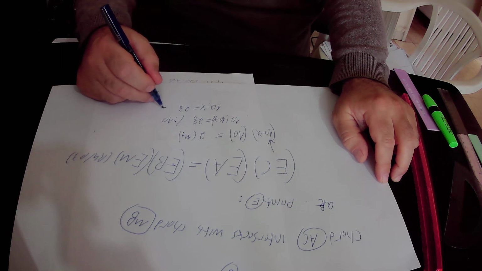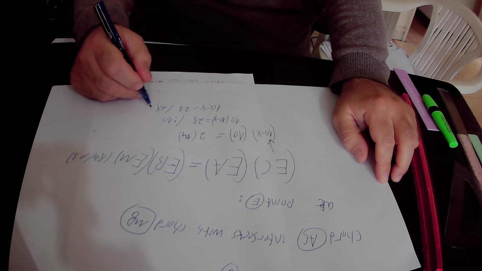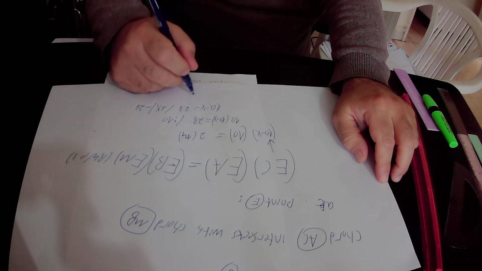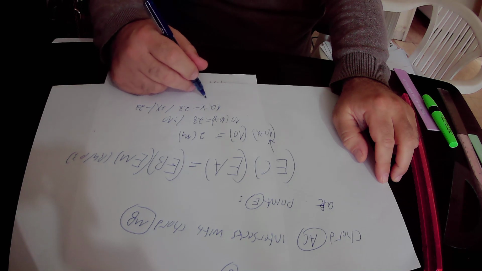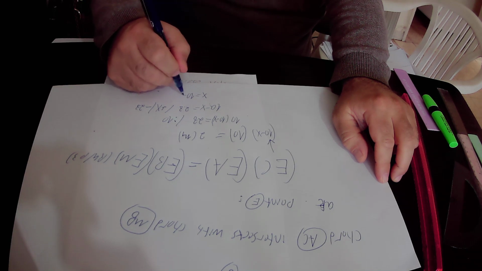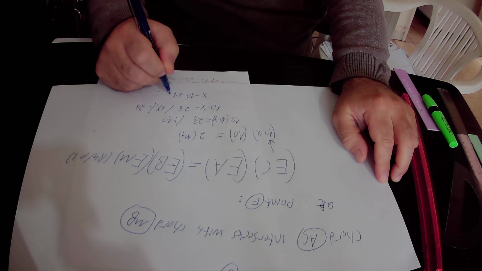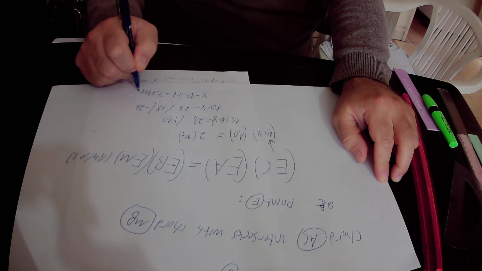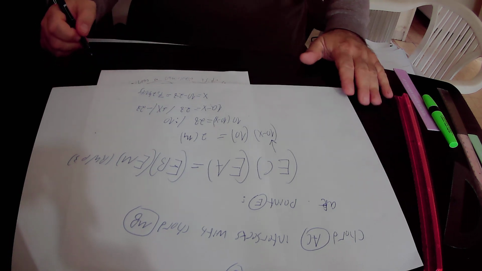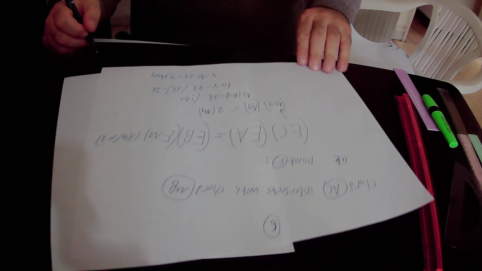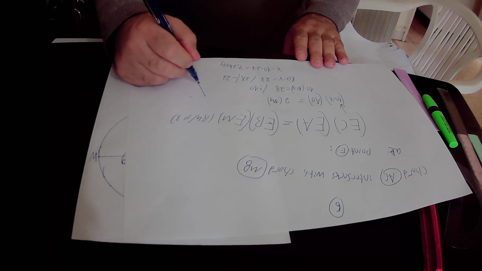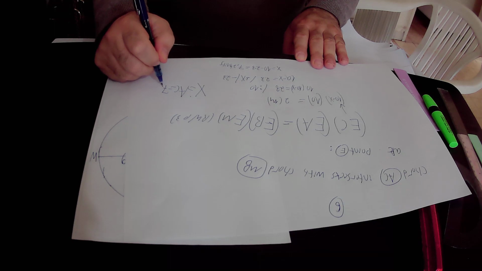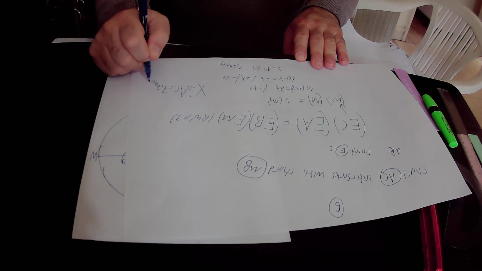Then we add x and subtract 2.8, and we get that x equals 10 minus 2.8. 10 minus 2.8 is 7.2 units. So we found out that x, which also equals AC, equals 7.2 units.